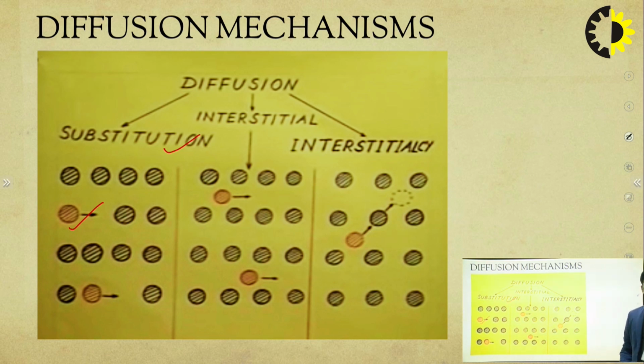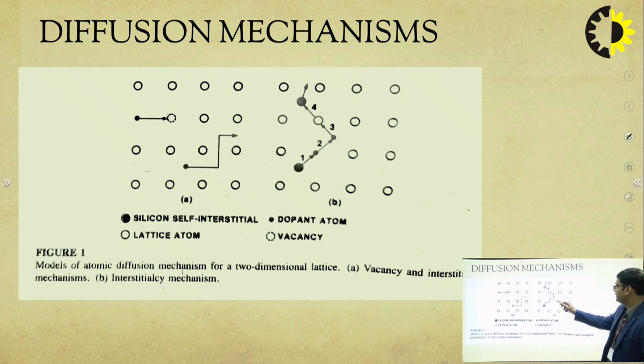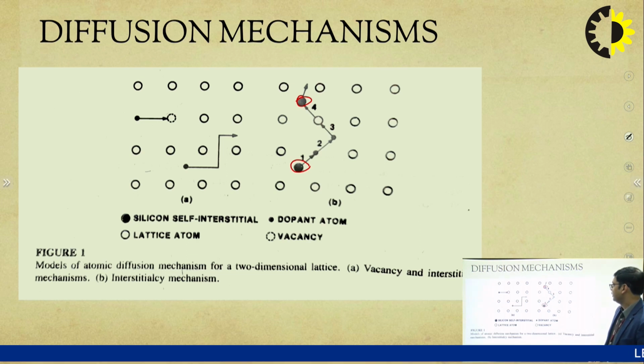There is a third kind of diffusion mechanism, which is known as the interstitialcy diffusion mechanism. What happens in this mechanism is that it involves more than one step. As we can see here, one atom is moving from an interstitial position to another interstitial position, that is, in a vacant space, but it is not moving from one position to another in a single step.